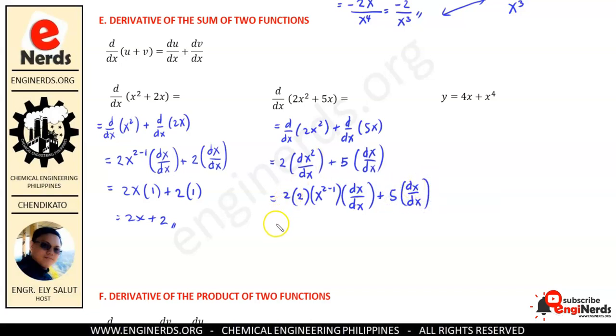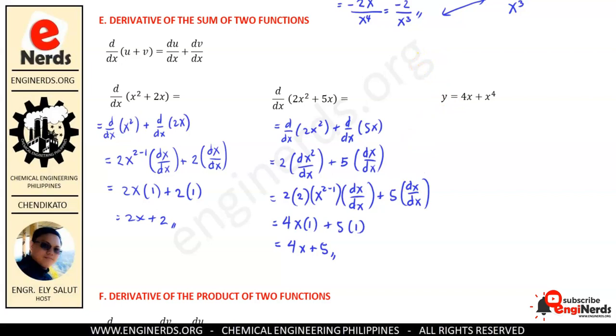Okay? So now we'll have here 2 times 2, we have 4. Then x, 2 minus 1 is equal to 1. So we have here dx over dx times 1 plus 5 times 1. So that means we have here 4x plus 5. So this is our final answer.